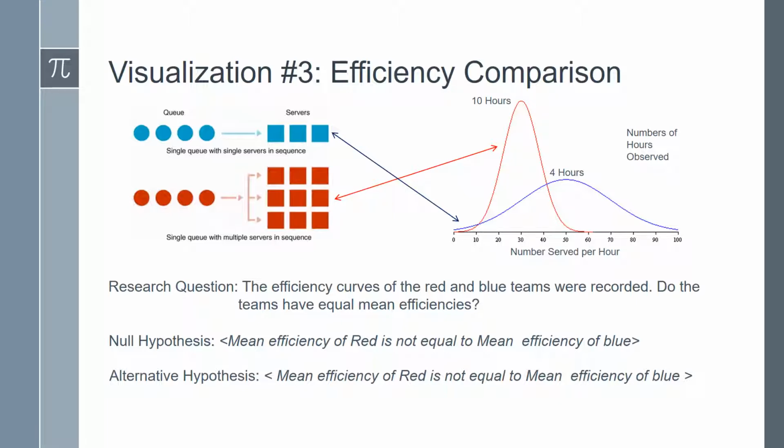Likewise, the alternative hypothesis is going to be the mean efficiency of red is not equal to the mean efficiency of blue. After conducting the hypothesis test, we can conclude if the null hypothesis is rejected or not, and if the mean efficiencies of red and blue are equal or not.